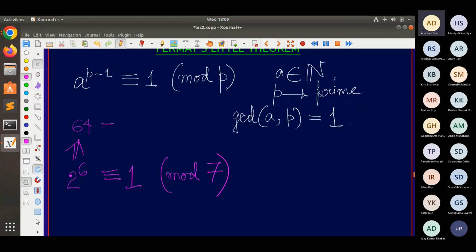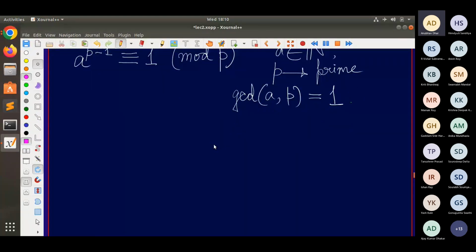Which is indeed 7 into 9 plus 1. So it's congruent to 1, right? Similarly, you can check 3 to the power 6, 4 to the power 6, anything mod 7 would give you 1. Okay, so this is mostly what Fermat's little theorem states.